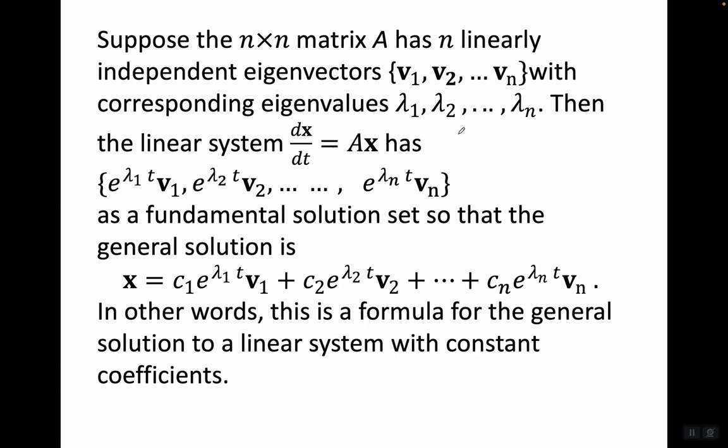Suppose the n by n matrix A has n linearly independent eigenvectors, v1, v2, through v sub n, with corresponding eigenvalues lambda 1, lambda 2, through lambda sub n.